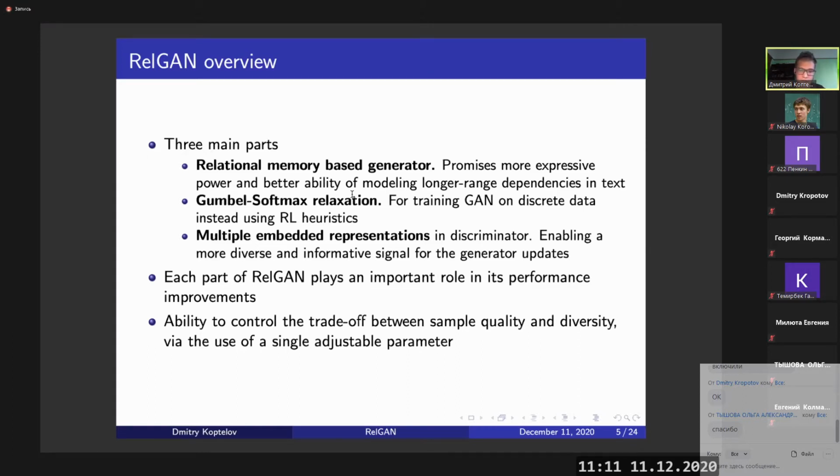And they stated that this GAN has the ability to control the trade-off between sample quality and diversity via just one hyperparameter.